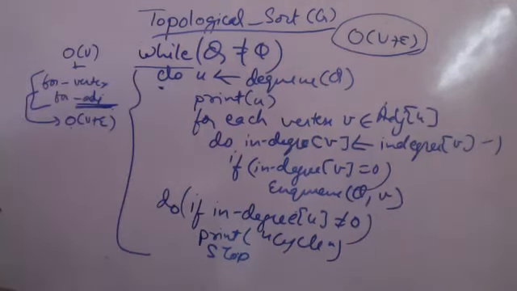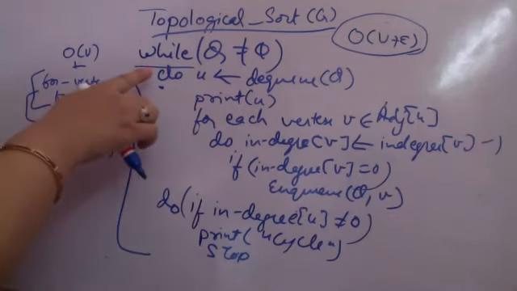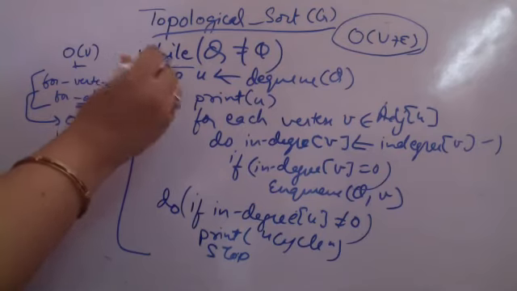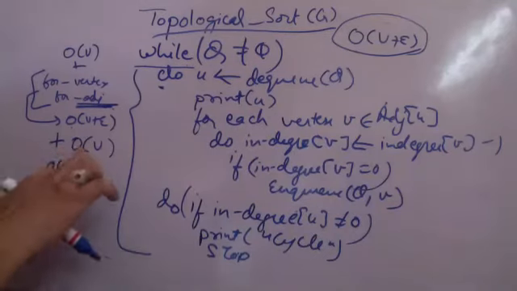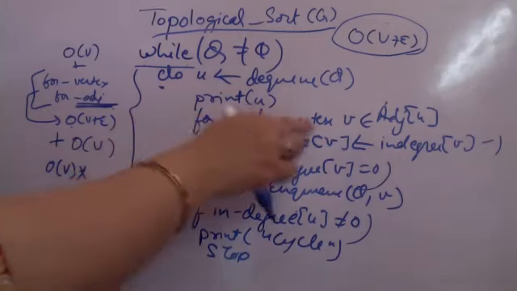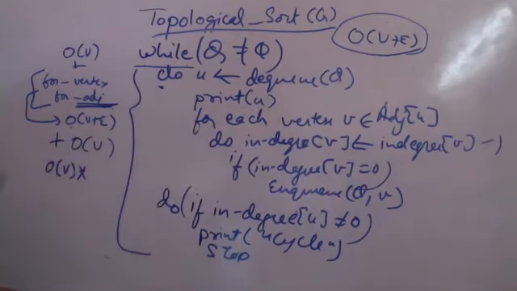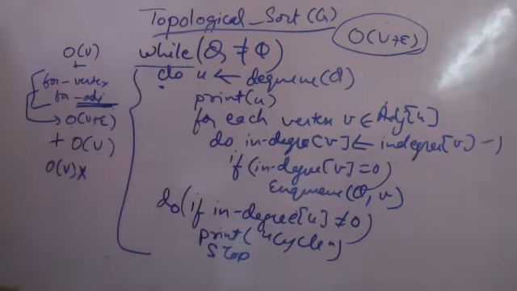Then we had a loop to enqueue. If in degree is 0, then enqueue. That loop again runs for all the vertices, so that is of the order V complexity. Then we come to this loop. In this loop, the while loop is running of the order V time, multiplied by, inside, for each vertex which is adjacent to U. This takes the total number of edges over all the iterations of the while loop.